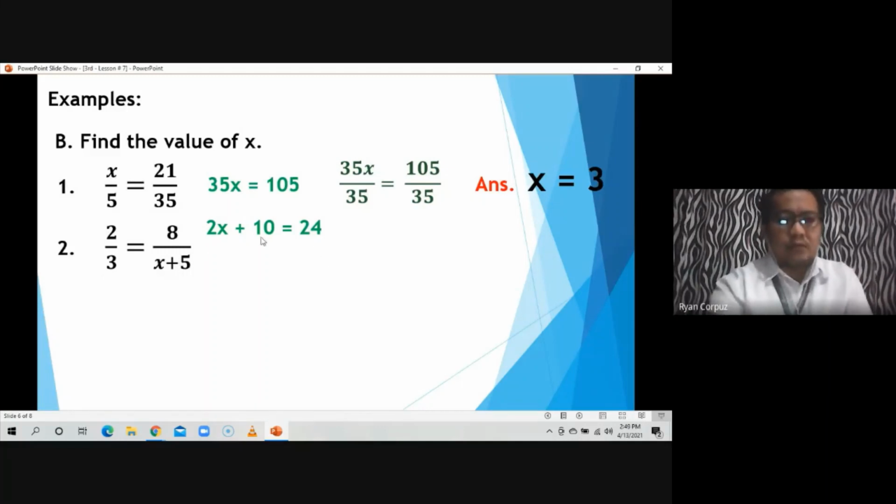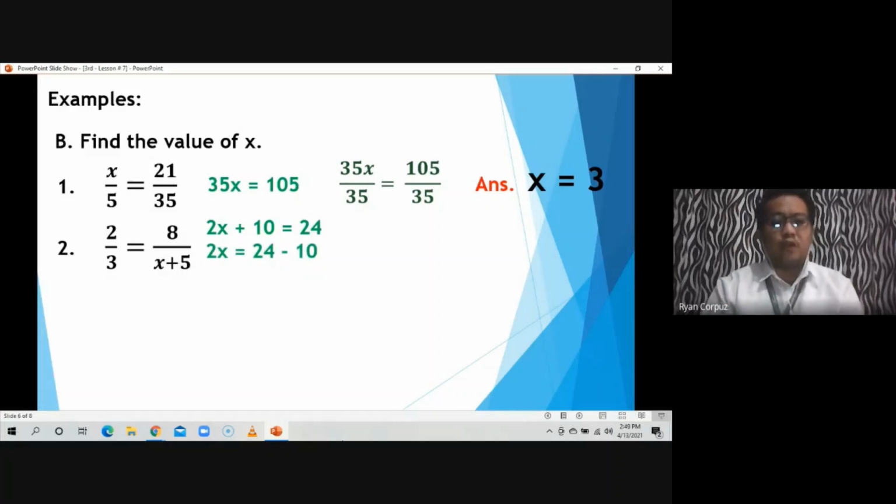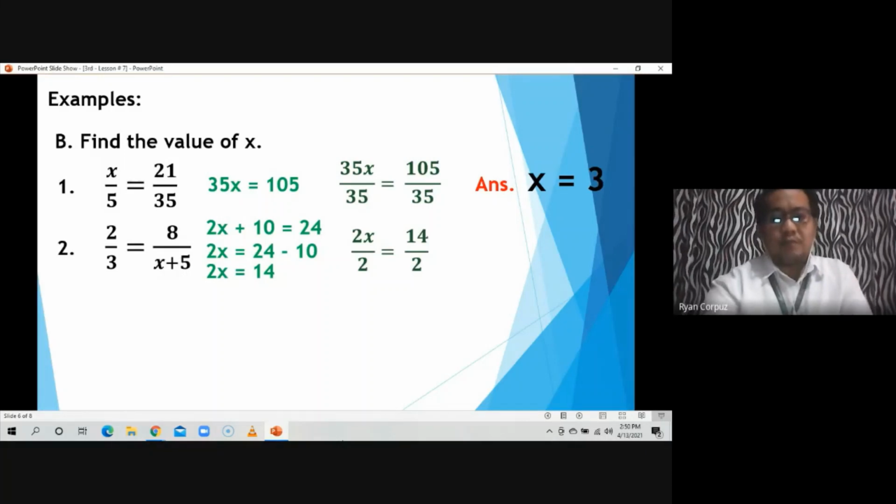Then we move the 10 to the right side of the equation. It becomes 2x is equal to 24 minus 10. Simplifying 24 minus 10, we come up with 2x is equal to 14. Since we want to solve for x, let's divide both sides by 2. Cancel the 2 there, x will be left, then 14 divided by 2.